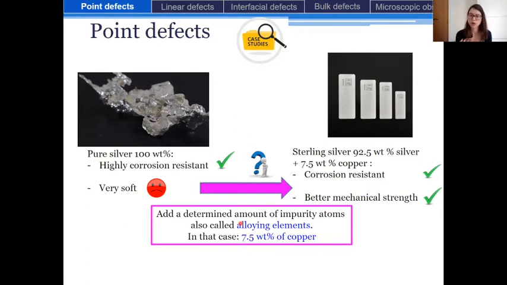In that case, it is copper. And these impurity atoms, we also call alloying elements. So in that case, we have 7.5 weight% of alloying element, which is copper. Okay, so here we introduced what an alloy is. It is a metal that is composed of more than one kind of atom.